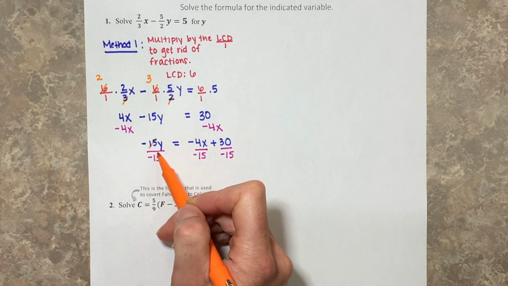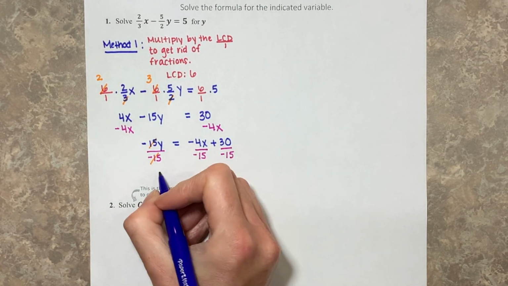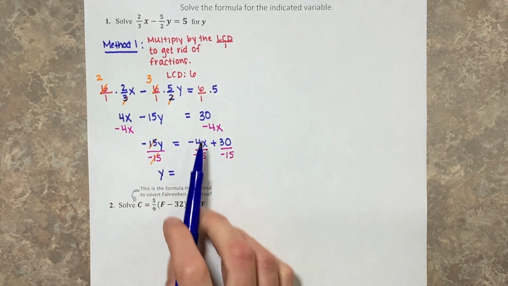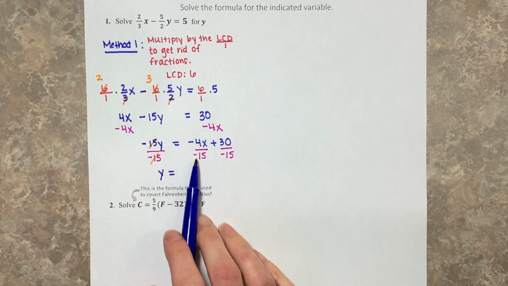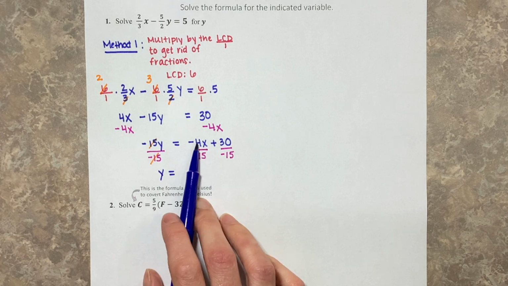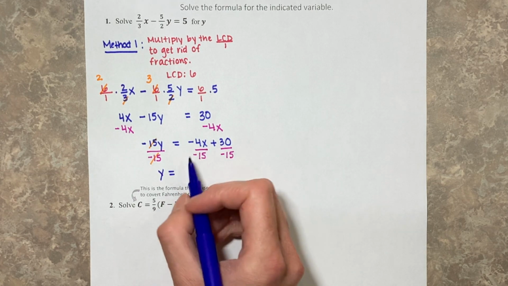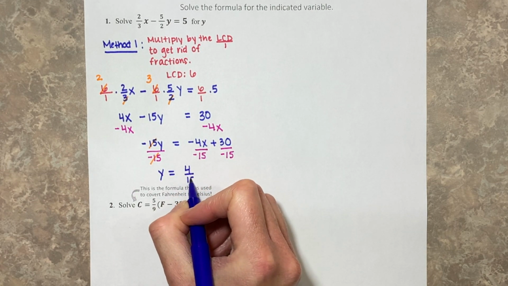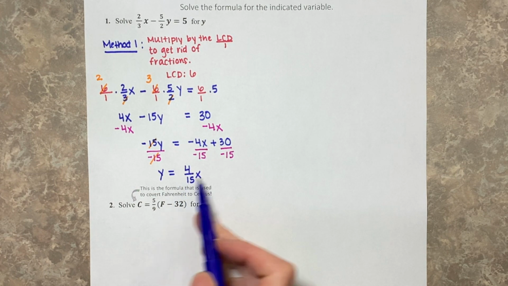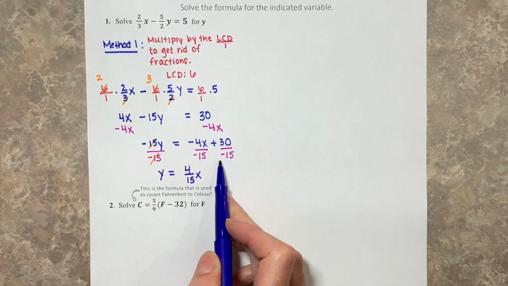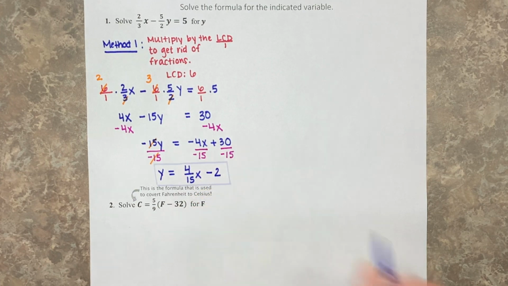These negative 15s cancel, and we're left with y is equal to negative 4 divided by negative 15. The negatives cancel, so we're just left with positive 4/15. And this fraction does not reduce any further. And then 30 divided by negative 15 gives us a negative 2.